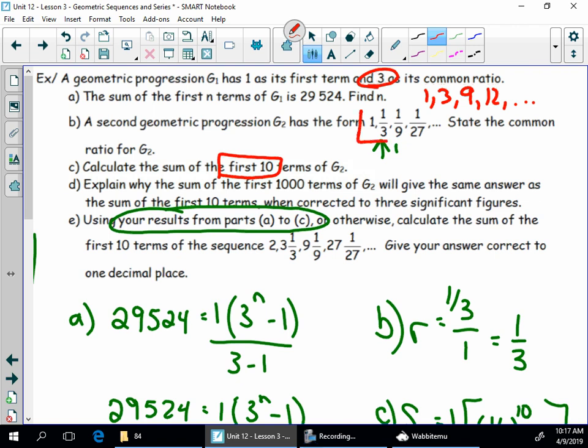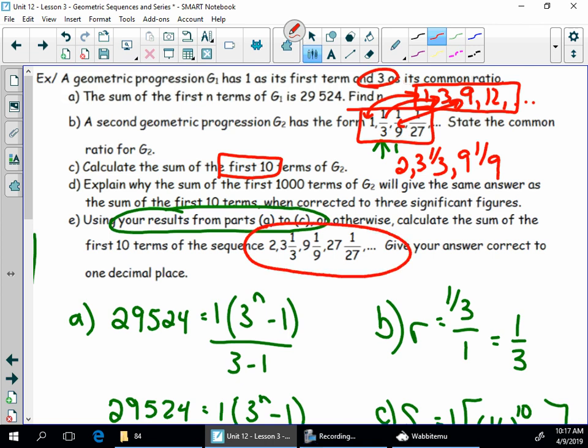Interesting. Made up of this sequence. Well, what happens if you combine these two sequences and actually add them together? 1 and 1 makes 2. 1/3 and 3 makes 3 and 1/3. 1/9 and 9 makes 9 and 1/9. Well, that's what they're asking us to do right here.